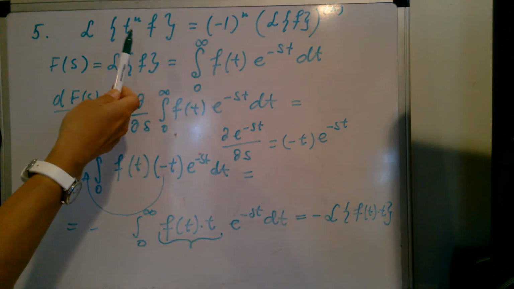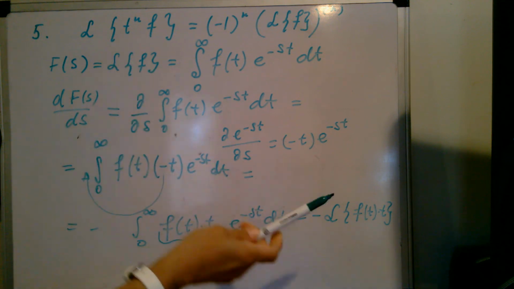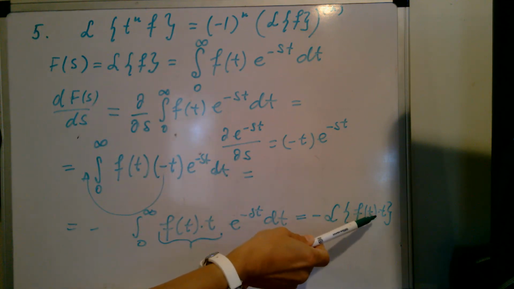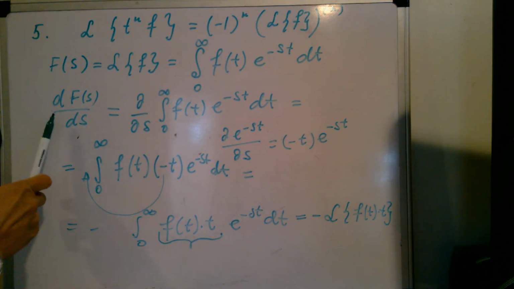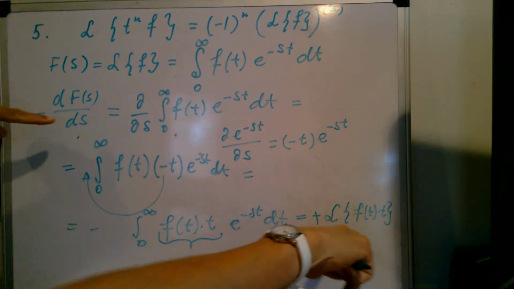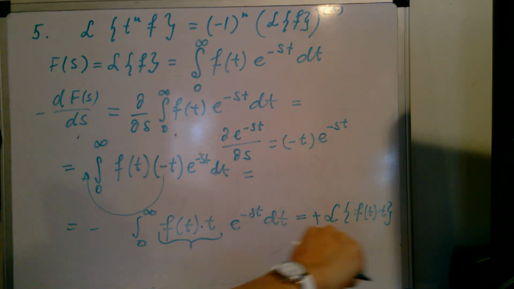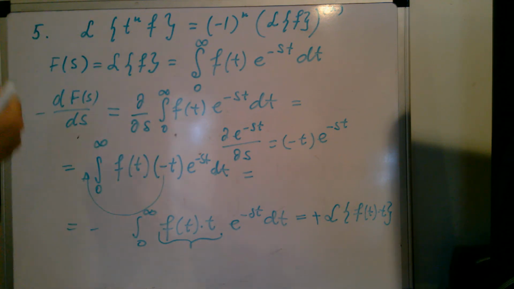So it's this formula for n equals 1. If n equals 1, then the Laplace transform of f of t multiplied by t, if you bring this minus over here, is just the first derivative with a minus. If I multiply these two expressions by negative 1, I'm going to get minus the first derivative. If you differentiate more, you're going to have a second derivative and a third derivative and so on. It's just going to give you the same expression.